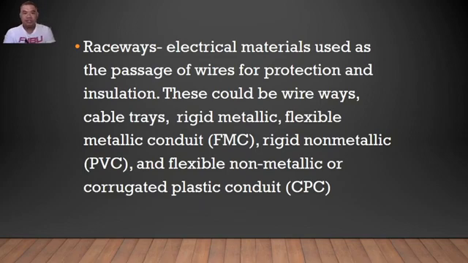So raceway is an electrical material used as the passage of wires for protection and insulation. So this could be wireways, cable trays, rigid metallic, flexible metallic conduit, rigid non-metallic, also called polyvinyl chloride conduit, and flexible non-metallic or corrugated plastic conduit. No?